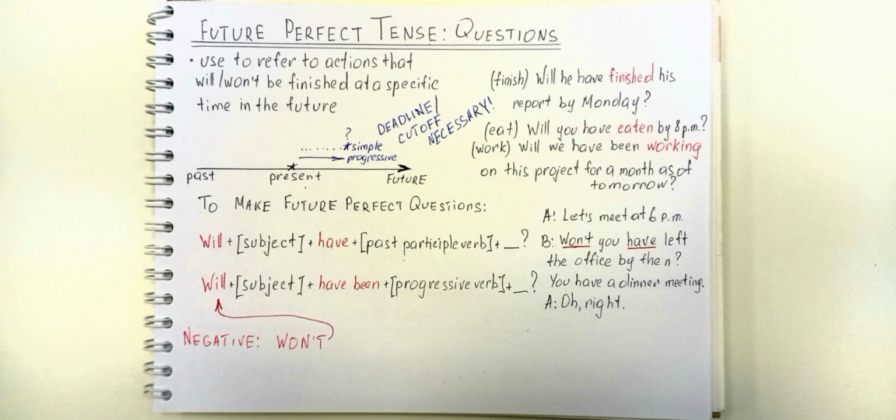Well, won't you have left the office by 6 p.m.? So at this point in time, you will be gone. So you will have left the office at some point before this, right? Using this won't you sounds like it's a confirmation. Isn't that right? Because you have a dinner meeting.